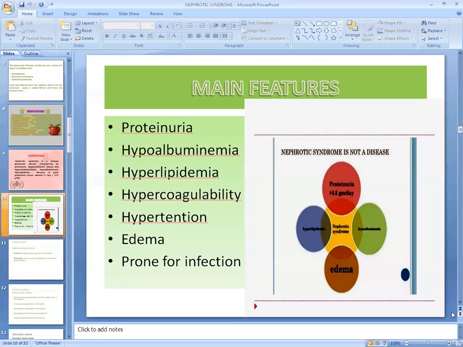Then hypertension, edema, and proneness to infection. So nephrotic syndrome is one of the causes of edema, and one of the causes of secondary hypertension. It is an important cause of hypertension, edema, and proteinuria. And these patients are very prone to infection.